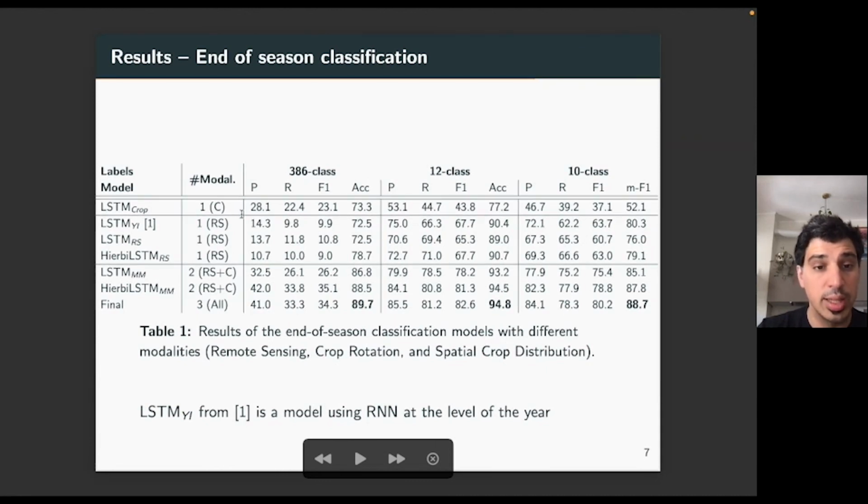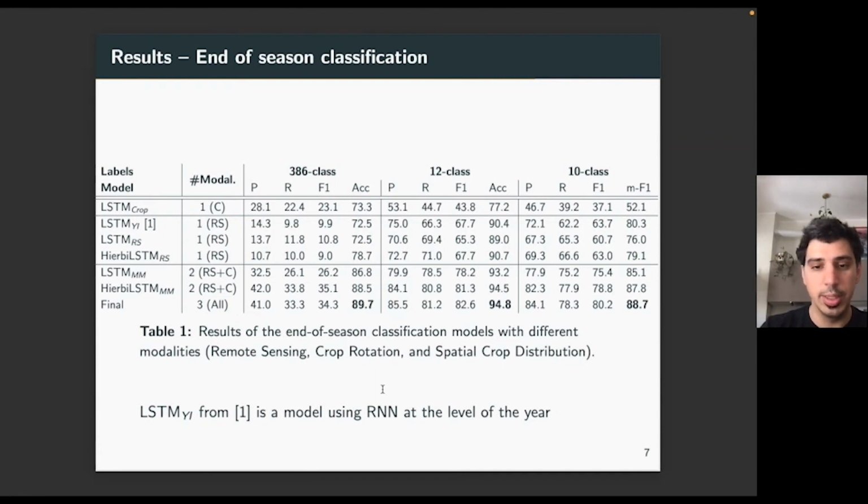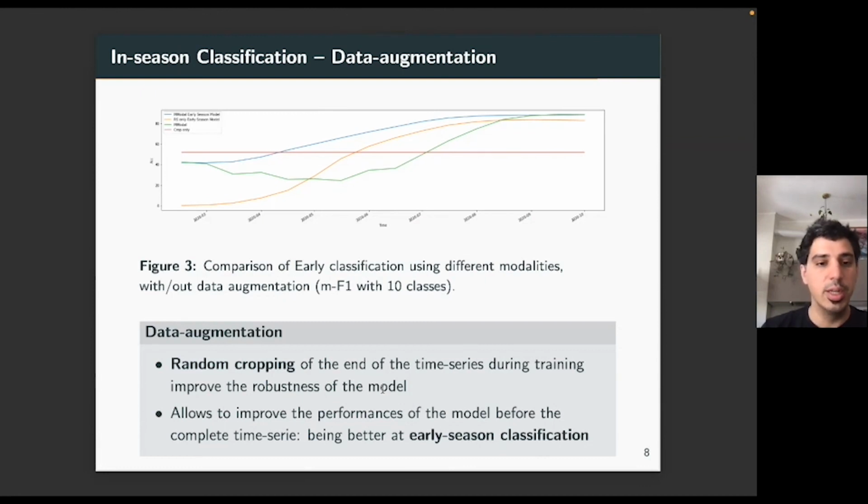We can also see that adding more modalities helps greatly, and also the type of the model. So the LSTM MM or hierarchical bidirectional LSTM also helps. So it's not only the modality, it's also the modeling.